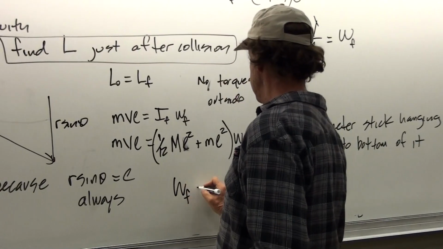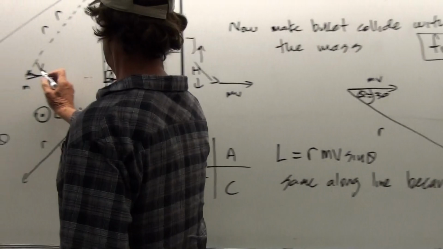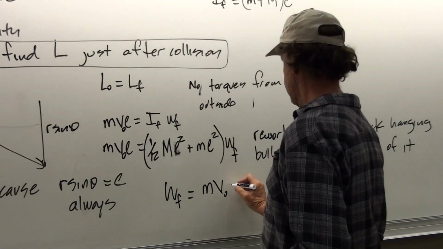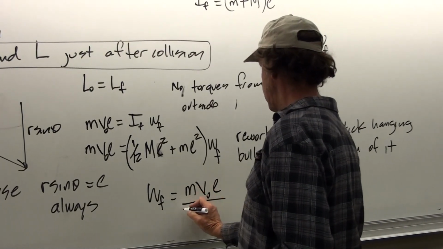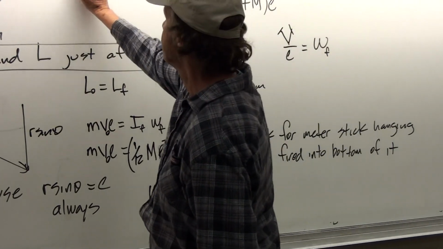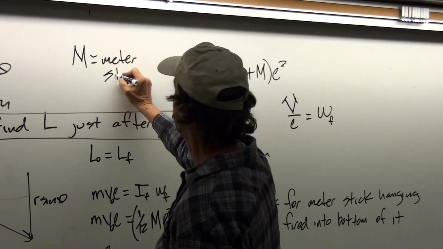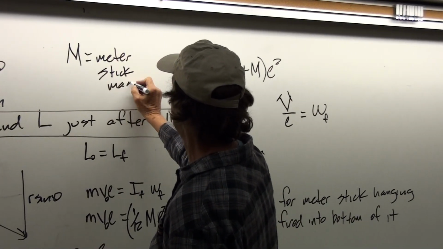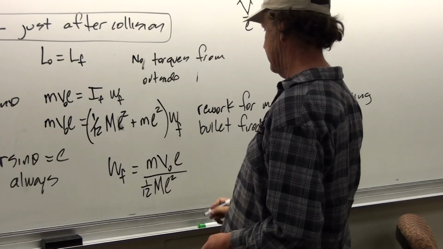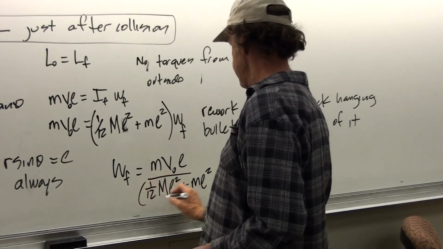Omega final then will equal little m, call this V naught for the initial velocity of the bullet before it hits the meter stick, divided by 1/12 big M, which is the mass of the meter stick, or whatever stick it is, times L squared, which is the length of whatever that thing is, plus little m L squared.